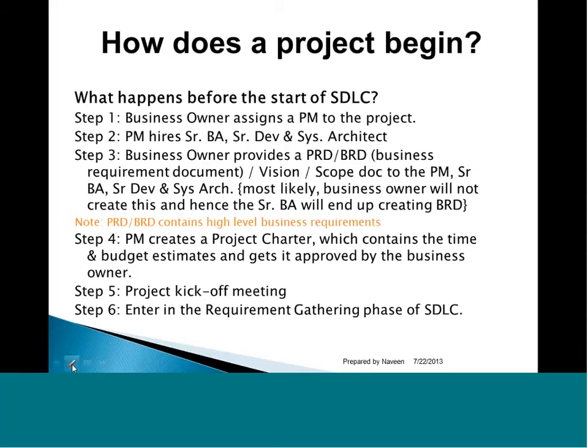Okay, when a project begins or whenever there's an idea, a business owner will hire a PM, and then eventually a PM will help the management or the functional managers to hire senior resources like a senior business analyst or a technical person or a lead technical person, somebody who will assist them with feasibility analysis, who will assist them with creation of a project plan, who will also eventually assist them with hiring of other needed resources.